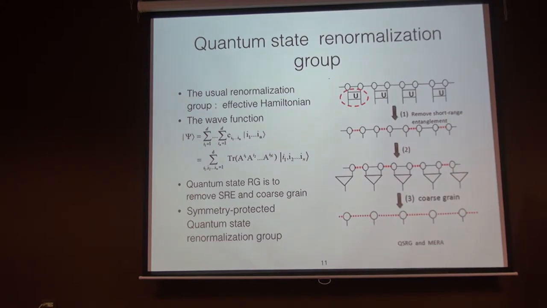But for the quantum state renormalization group, we start from some wave function, which can be represented by the tensor product state or matrix product state. It contains two steps. The first step, we apply some local unitary transformation to remove the short-range entanglement. The second step is coarse-graining: we merge two sites to obtain the effective wave function.